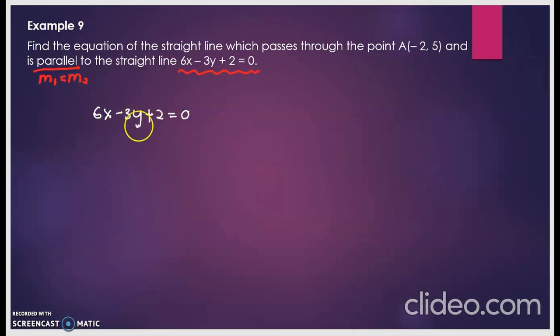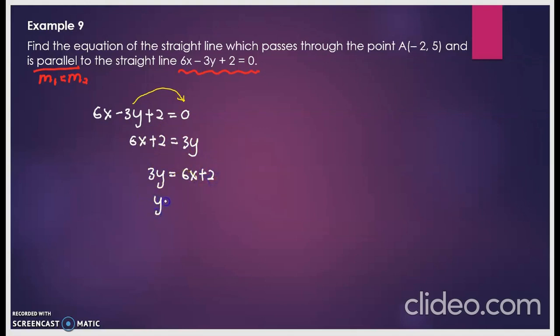The best way is I move negative 3y to the right hand side. Then from here I should have 6x plus 2 is equal to positive 3y. And then I rearrange this one, so 3y is equal to 6x plus 2.